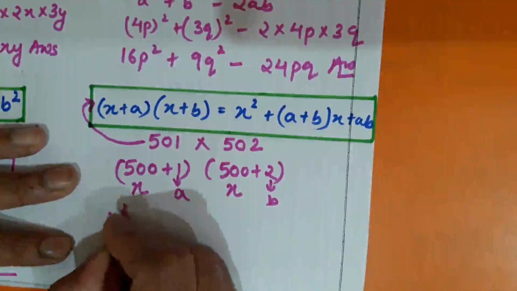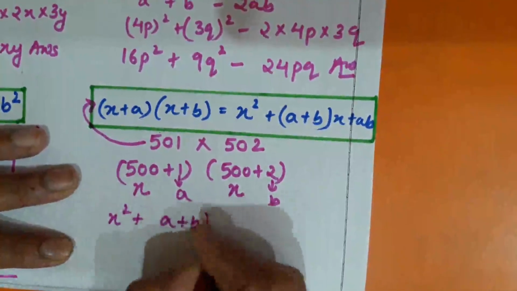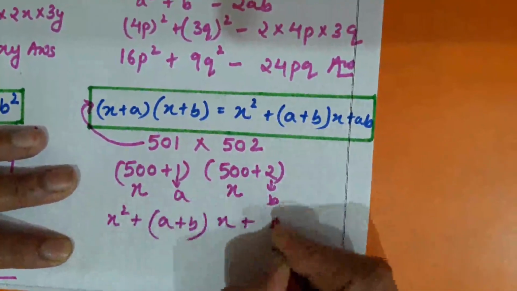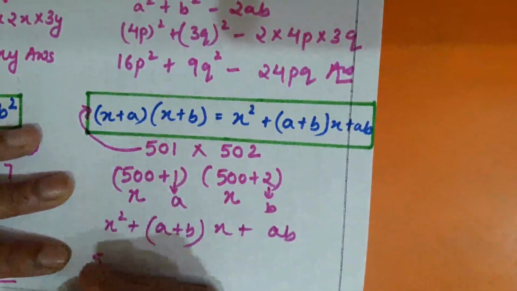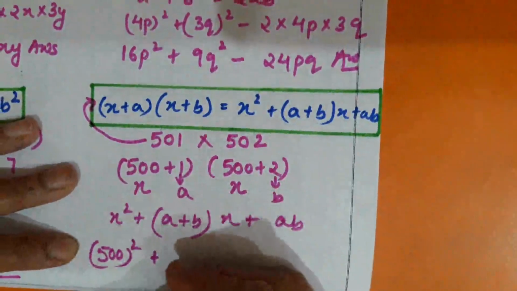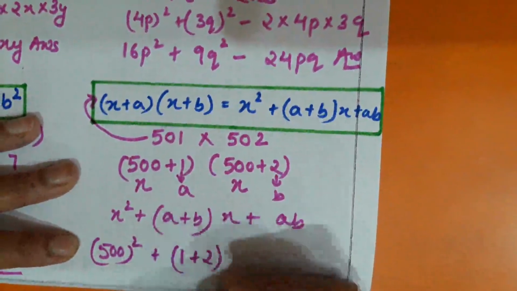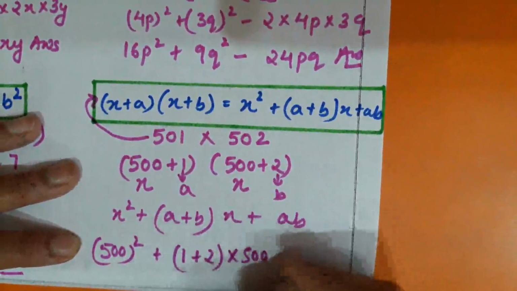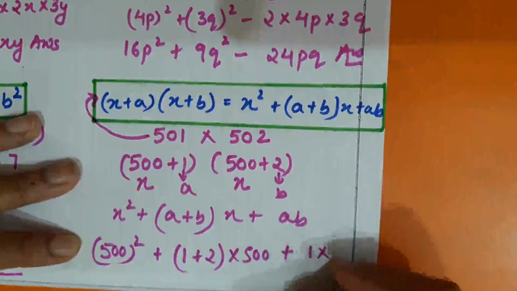Okay. So easily put these values inside the formula. So formula is x square plus a plus b x plus ab. So x is 500, 500 square, a is 1, b is 2, x is 500 and ab is 1 into 2.